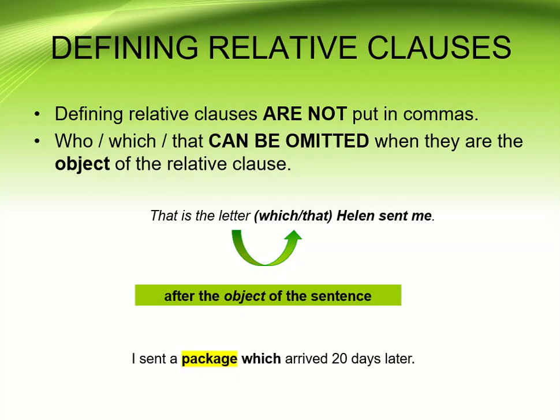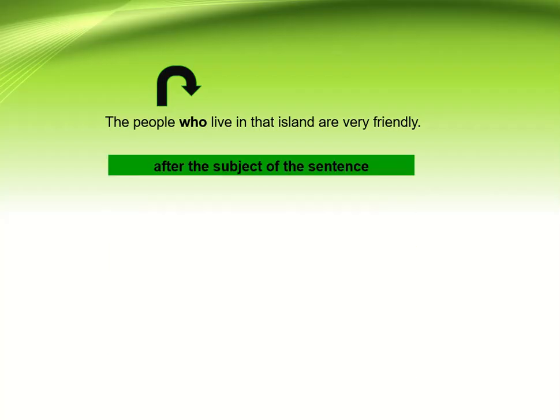I sent a package which arrived 20 days later. In this case, I am using which because it's necessary. Then, the people who live in that island are very friendly. After the subject of the sentence, I could use who. Okay?